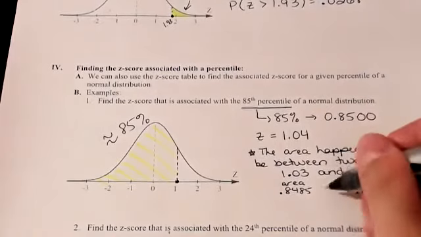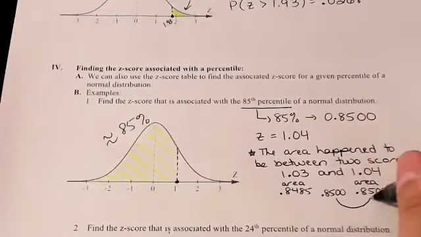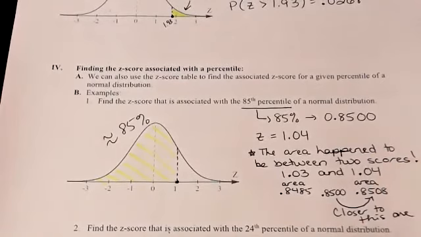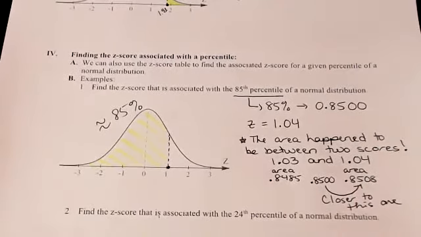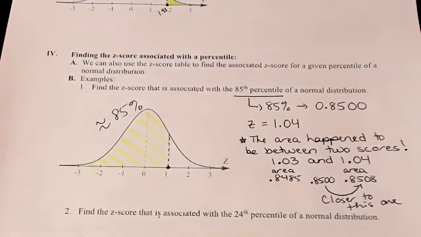So when we think about the position of 0.8500, we are actually closer to this one. We are closer to 0.8508 than we are to 0.8485. That is why we choose the 1.04, because we're closer to that area than the other.